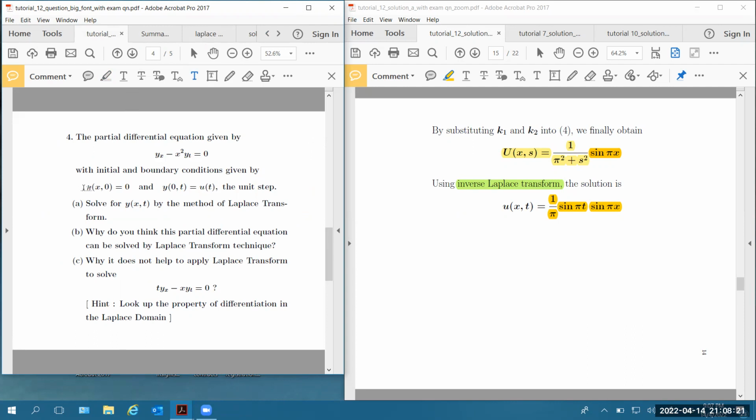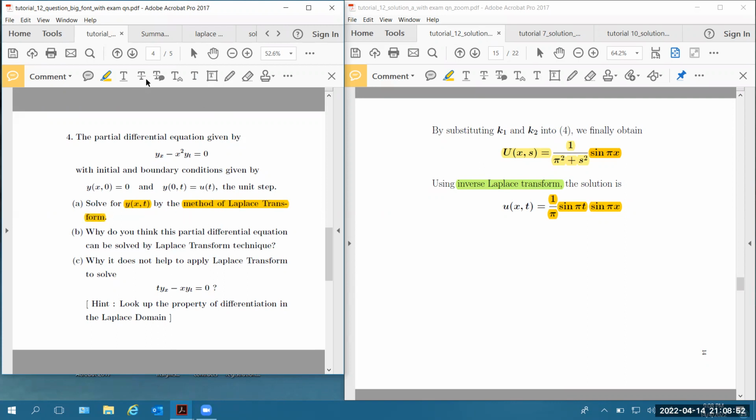This one is an initial condition, and the other one, well, you can call both initial conditions also. This is when t is 0. This is when x is 0. So what do we want to do? We want to solve for y(x,t) by the method of Laplace transform.